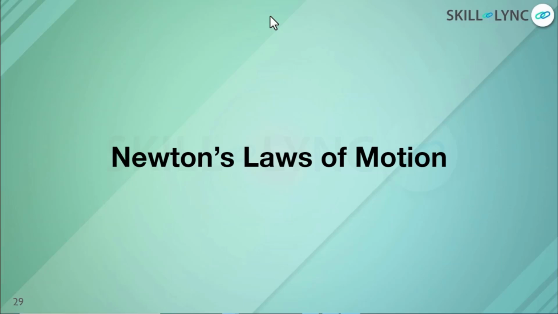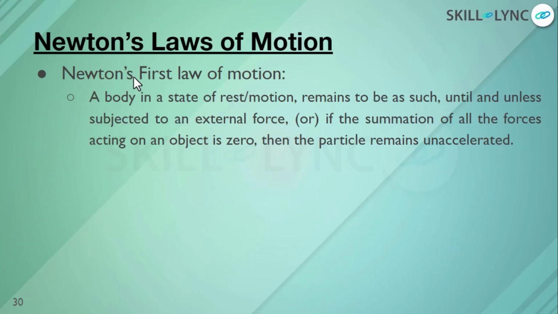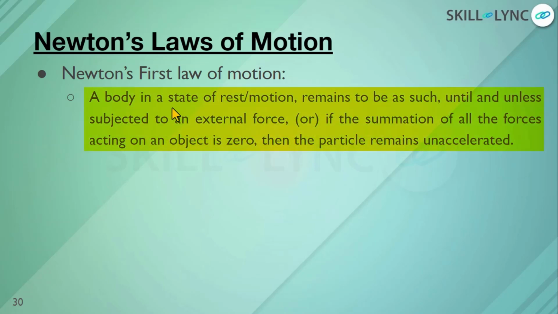The next thing we are going to study today is Newton's laws of motion. Newton has given three laws. The first is Newton's first law of motion. What Newton's first law of motion tells us is that a body in a state of rest or in a state of motion remains as such until and unless subjected to an external force.